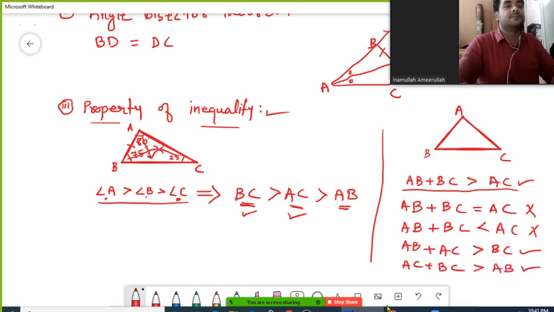These three are possible, but the other two are impossible forms of triangle. So this is a basic property of a triangle, that the sum of any two sides of a triangle should be greater than the third side.